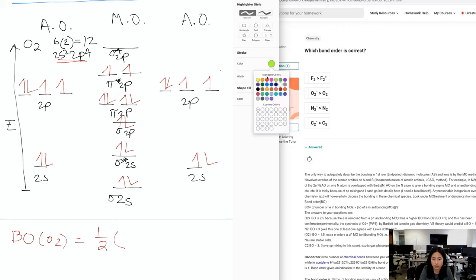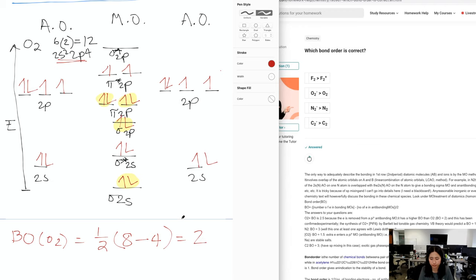So let's keep it consistent. Let's turn this into yellow. So bonding, you have 2, 4, 6, 8. So we only have 8. And then for anti, we have 2, 3, and then we have 4. So this is actually equal to 2.